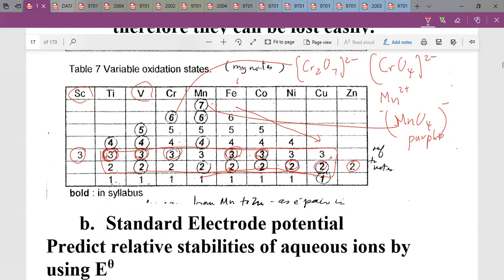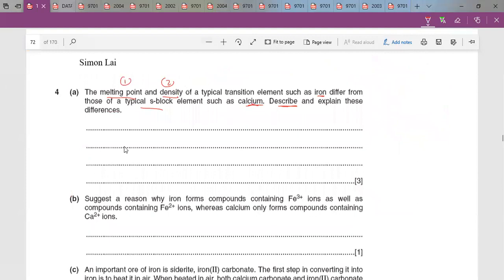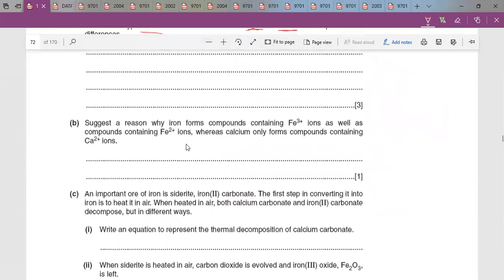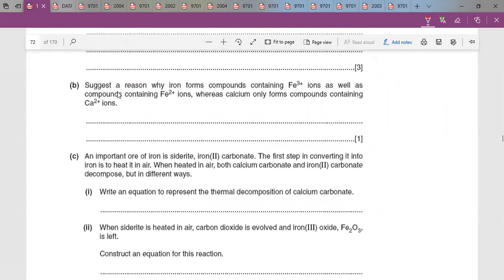Now before that, questions are asked like this. They ask you to even predict the oxidation states, and first of all, why are they variable oxidation states? Let's go to page 72. Question 72: suggest a reason why iron forms compounds containing Fe3+ as well as Fe2+, and why calcium only contains 2+.